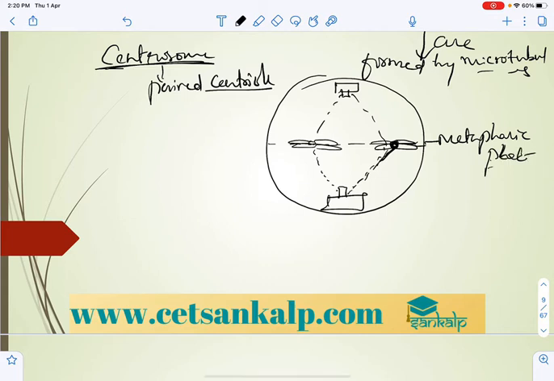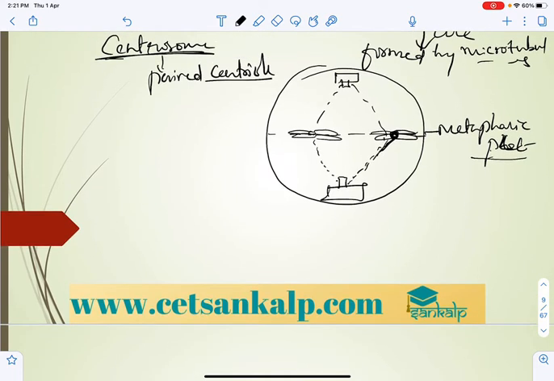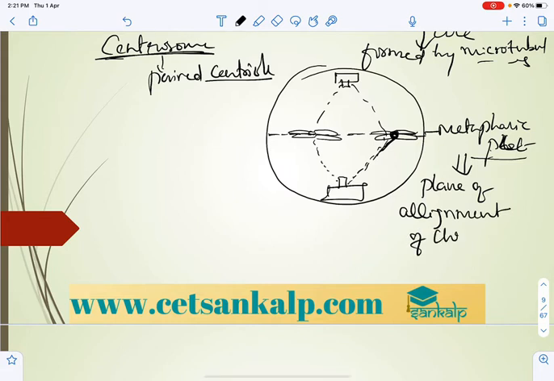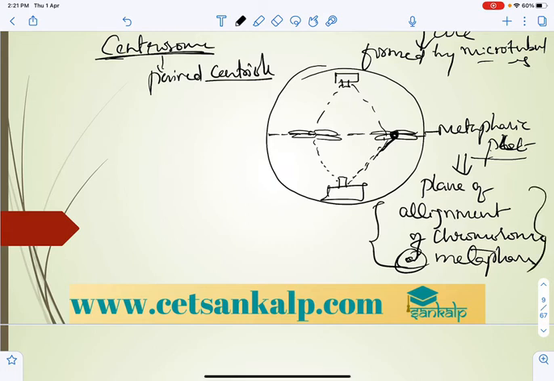This is the equatorial plate of the cell, the equatorial plate of the metaphase. The metaphasic plate is the plane of alignment of chromosomes at metaphase. The plane of alignment of chromosomes at metaphase is called the metaphasic plate.